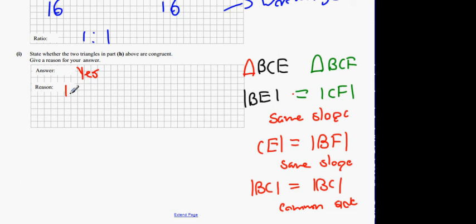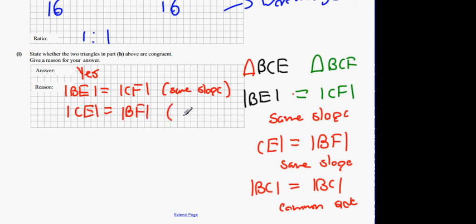Reason, BE equals CF, and they also have the same slope. And then you say CE equals BF, and they also have the same slope. And finally, BC equals BC, common sides.